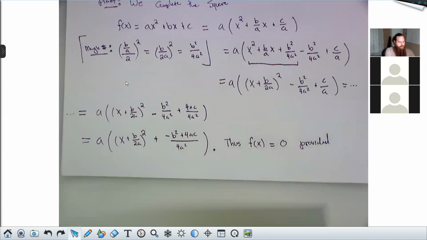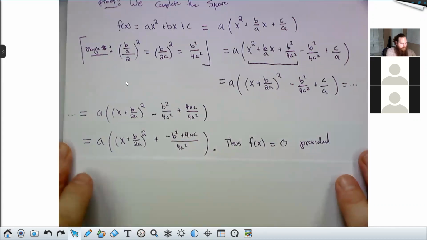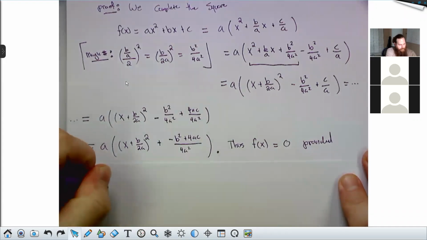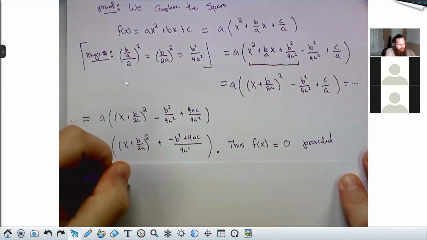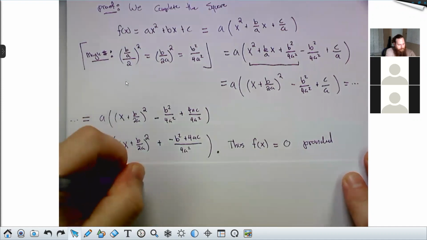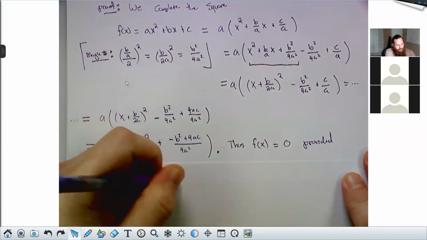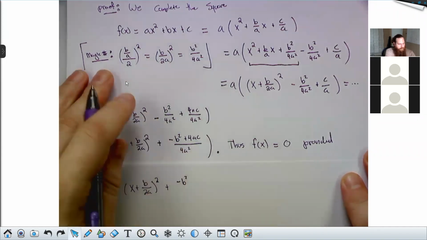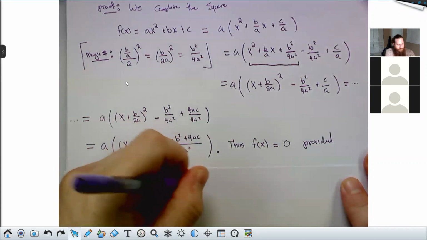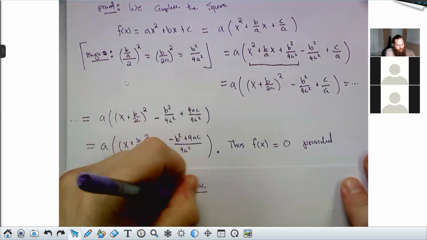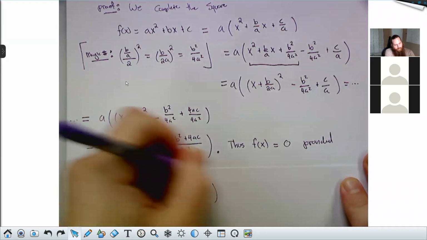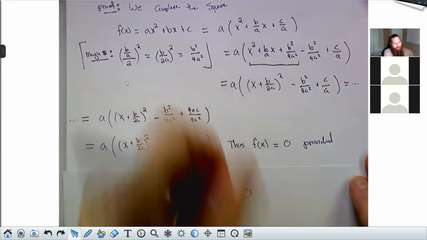So here's our second page starting. Provided a times parentheses x plus b over 2a all squared plus negative b squared plus 4ac all over 4a squared is equal to 0.